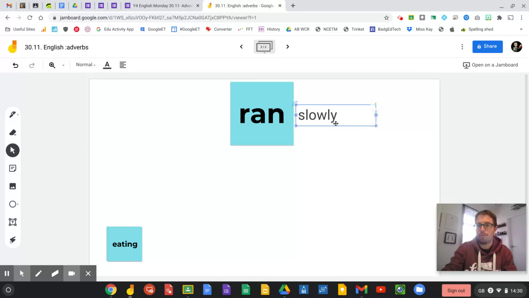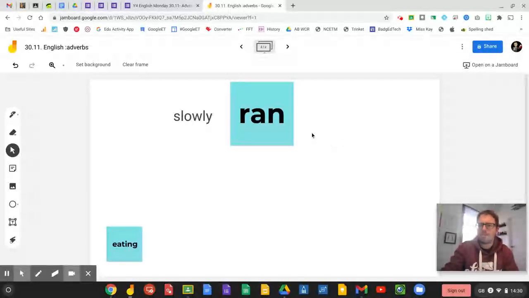He ran slowly away from the biscuits, or he ran slowly away from the crocodile. We can also put that one at the beginning of the verb as well. So he slowly ran towards the crocodiles, or he slowly ran away from the others. It just changes the tone or the meaning of the sentence slightly. So an adverb has got a lot of potential impact they can have by just adjusting the verb slightly and giving us more information about it.